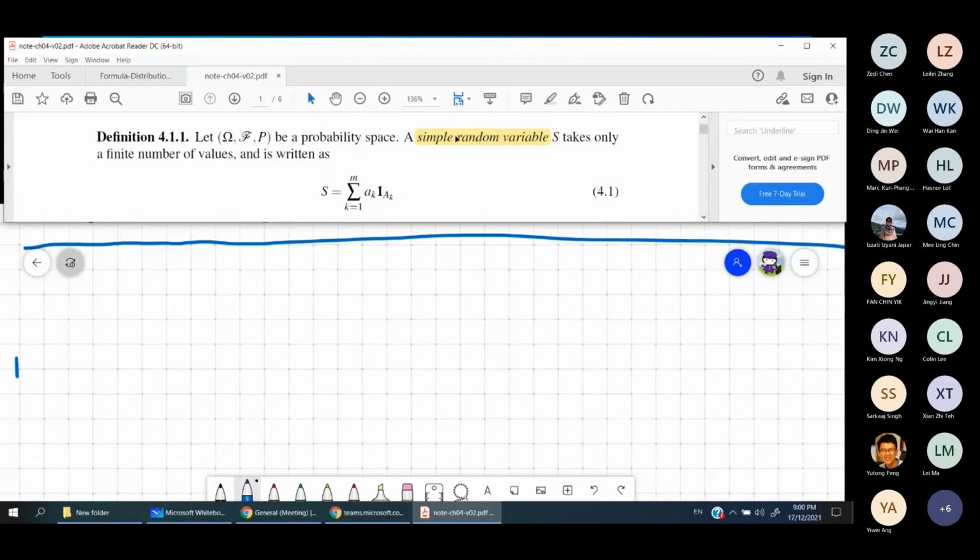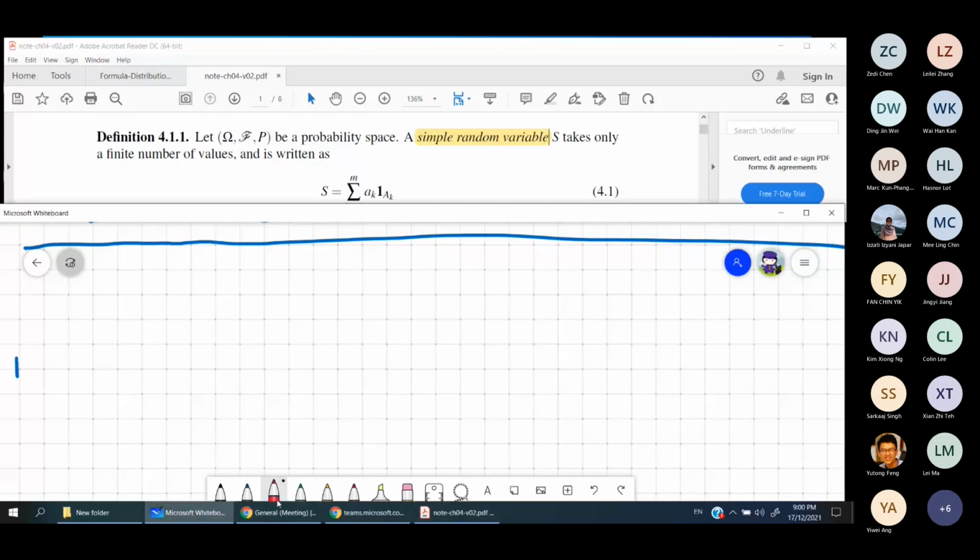So simple random variable, here, maybe just a remark. I try to use S, T, and so on to stand for simple random variable.